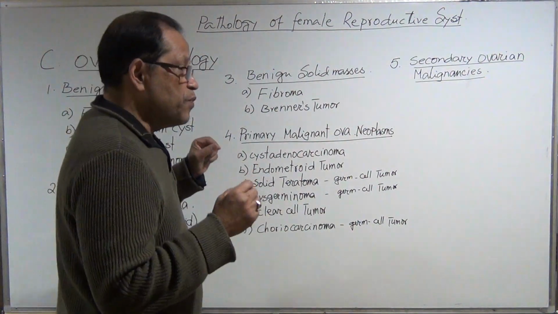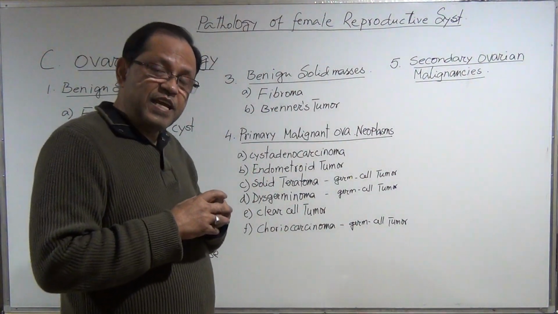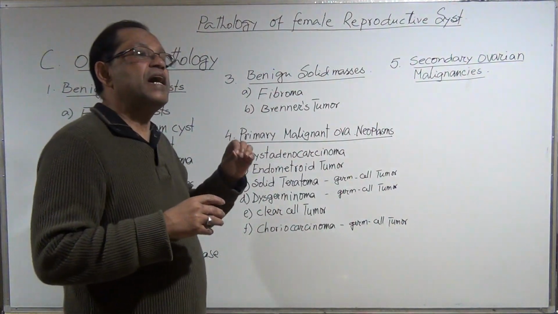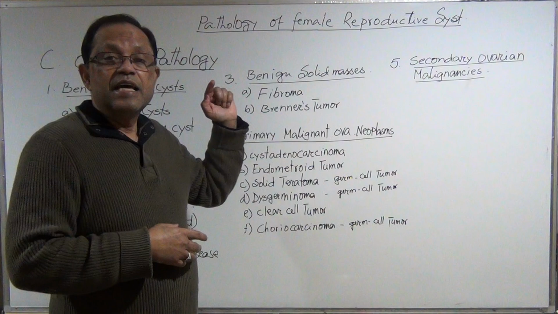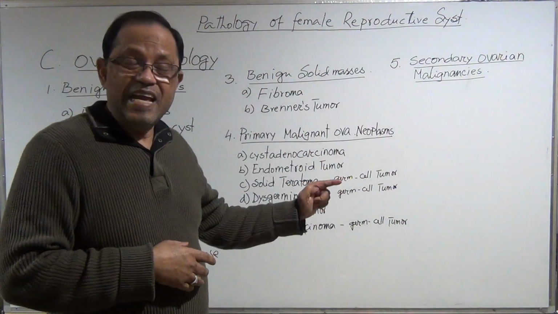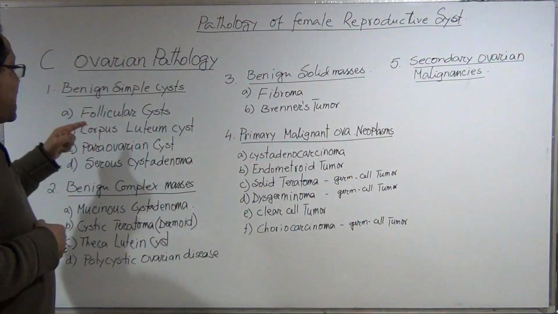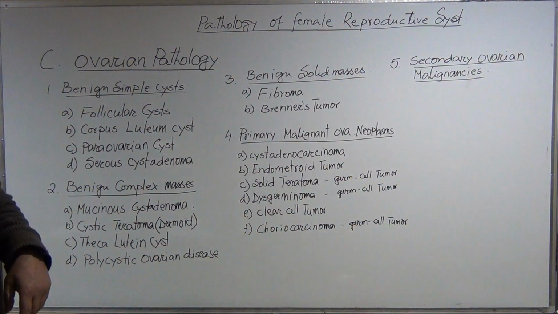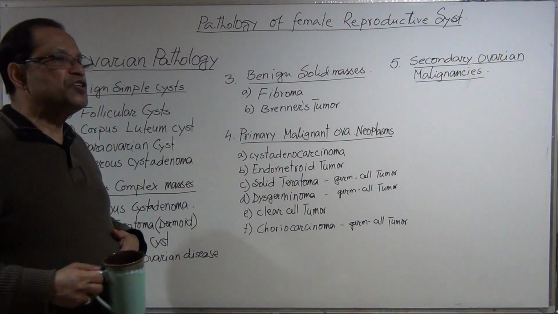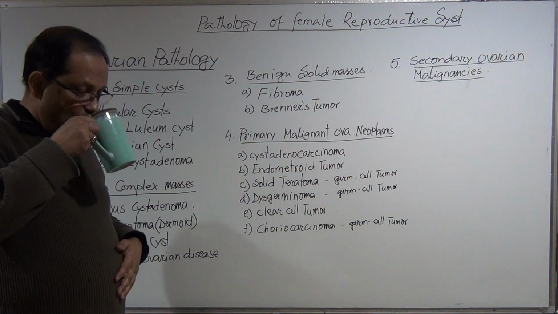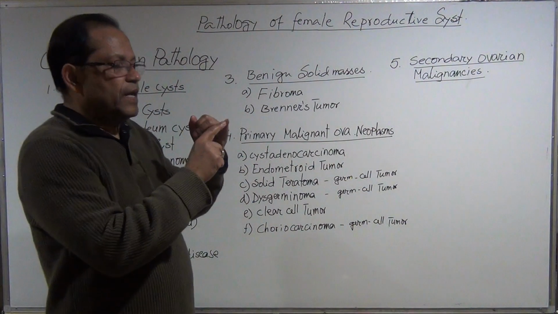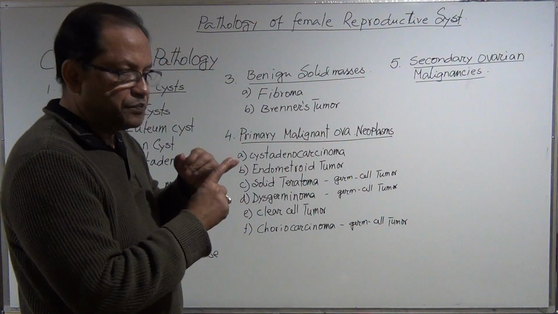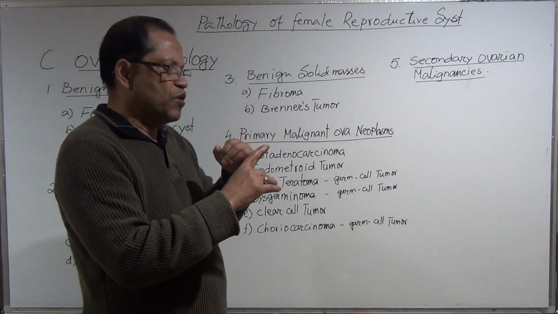Okay, so for implantation and trophoblastic activities and production of the human chorionic gonadotropin by the trophoblast, the progesterone is needed, and progesterone comes from the active corpus luteum. So corpus luteum evaluation is very important. If the pregnancy test is positive, come from the beginning.